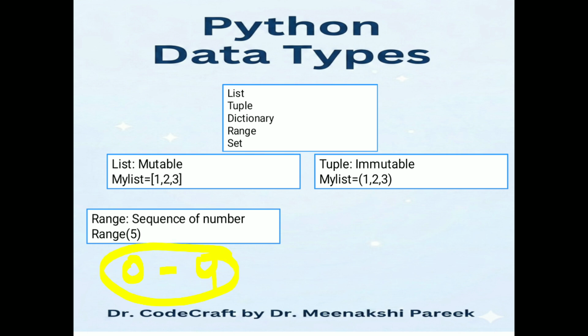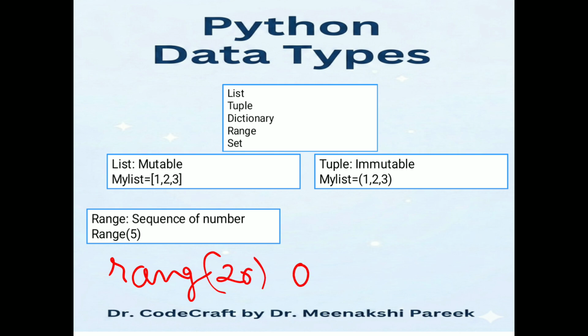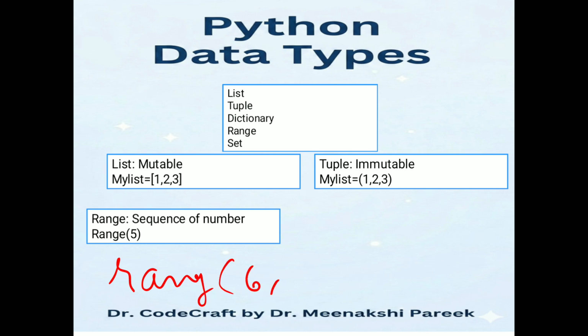Now suppose we have range 20, which means we have a 0 to 19 range, and suppose we have range 6 to 20. So here the range starts with 6 to 19.